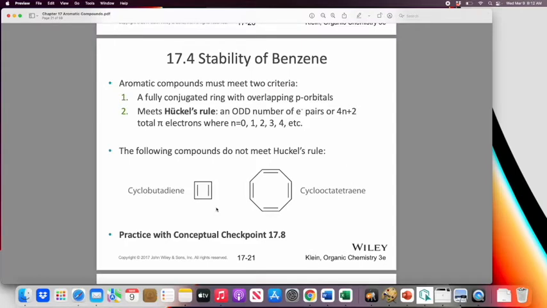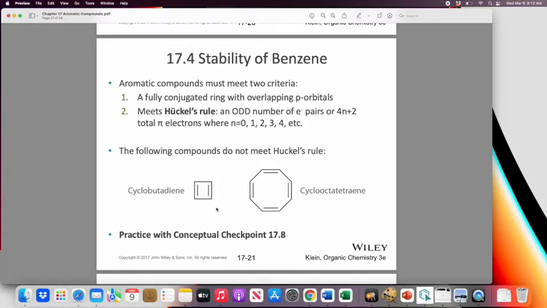Let me show you an example of a compound that would break that. If we had something like this. Again, we need that perfect spacing of double bond, single bond, double bond. The fact that we have two single bonds next to each other right here lets us know that we violated this fully conjugated ring rule. This atom right here messes up that conjugation. It doesn't have one of those peanut shapes.